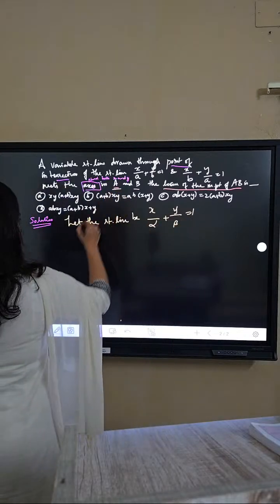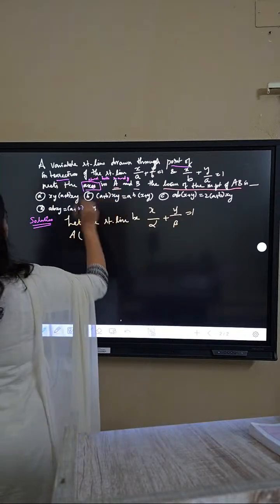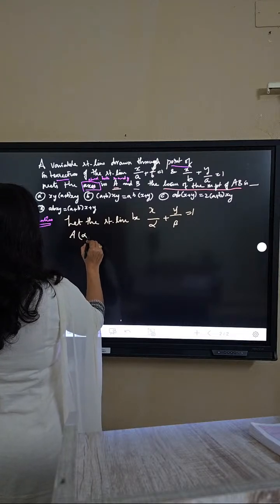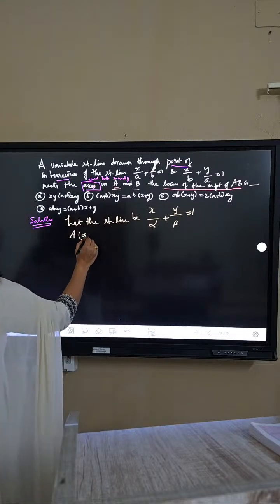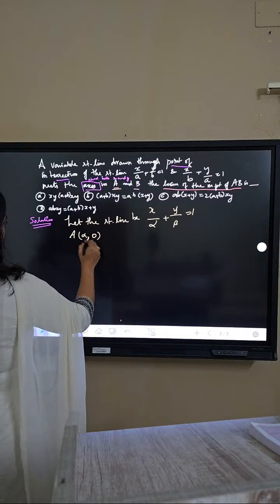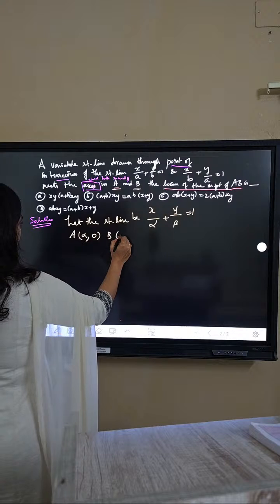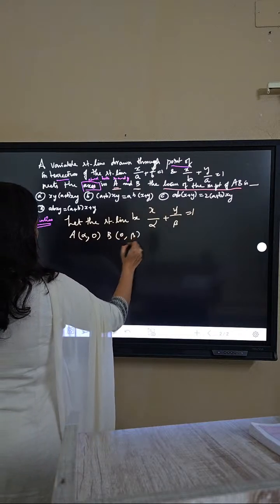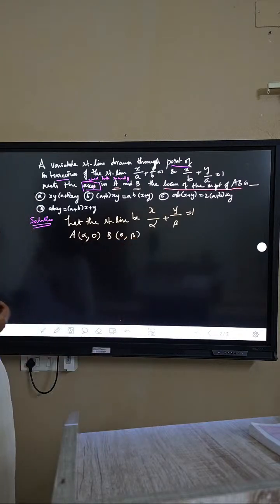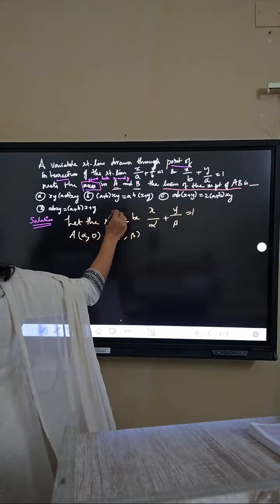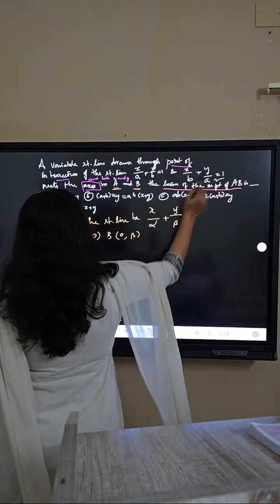Let this point cuts at x axis means it will be alpha comma 0. Y is 0. B point cuts at y axis means B will be 0 comma beta. Like that you can take A and B points. We are asked to find the locus of the midpoint.